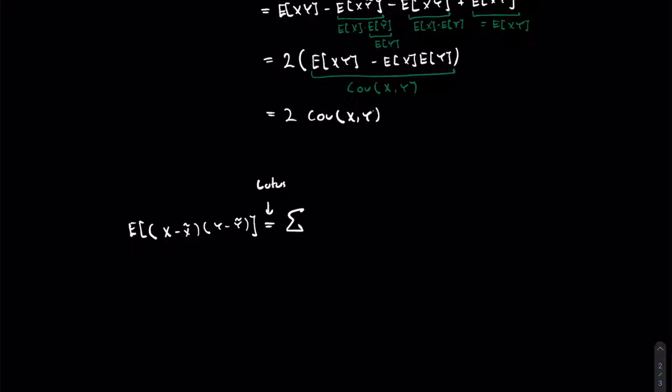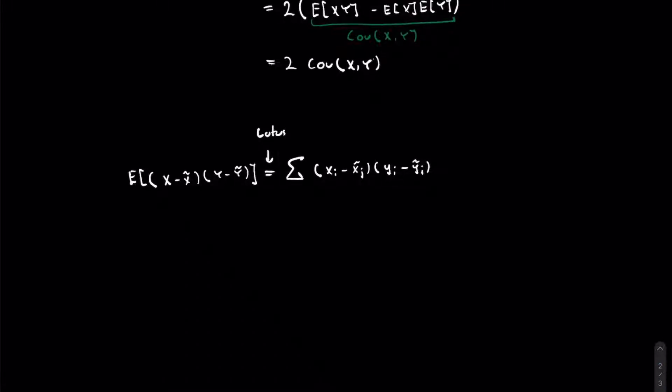dichotomous variables, we have now the expectation of x_i minus x tilde, over another, so it's not i, but it's j. We have now y_i minus y tilde_j.